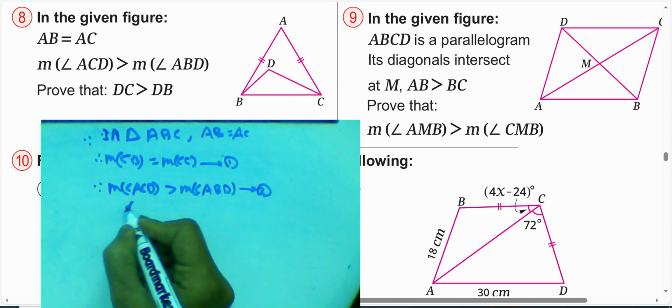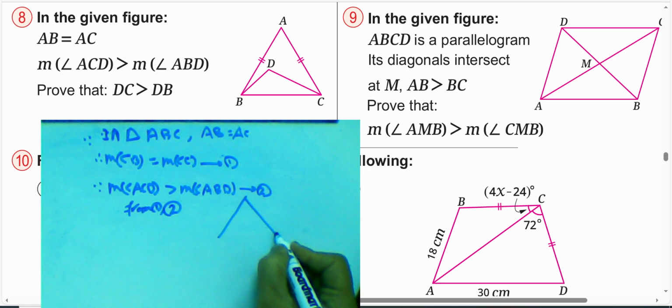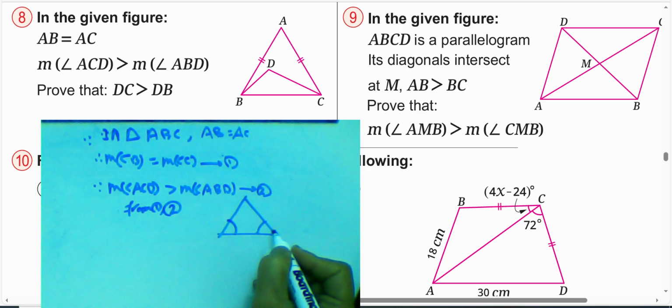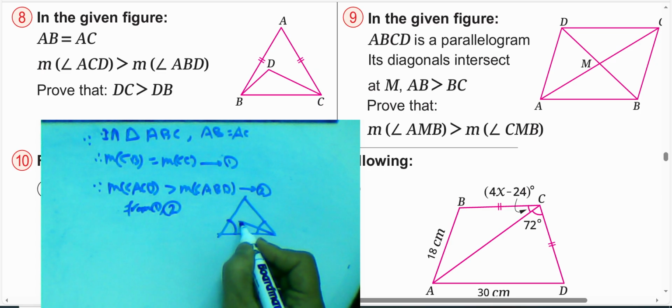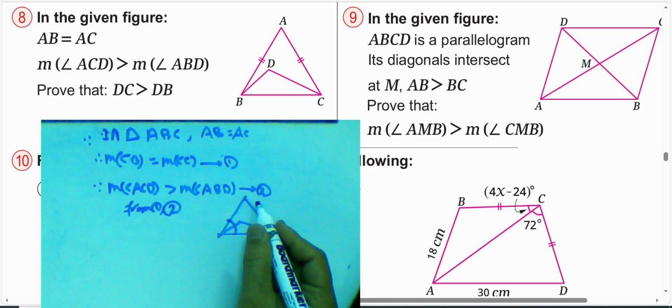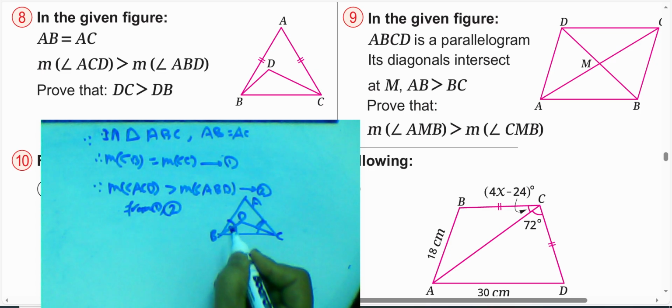Right, from relation number 1 and 2, we have here an isosceles triangle. This angle equals this angle. They are equivalent. And he gives me the relation between two angles: this angle ACD is greater than ABD. Then the remainder here will be also greater than.